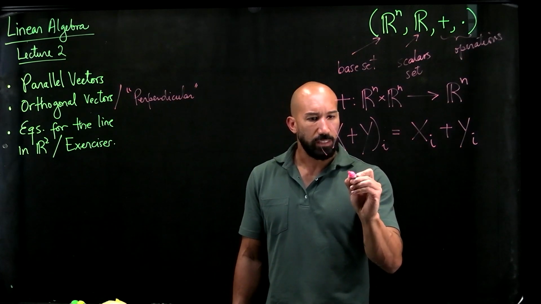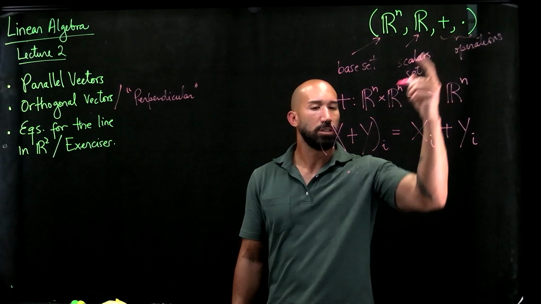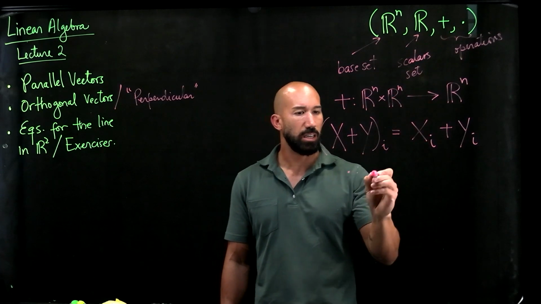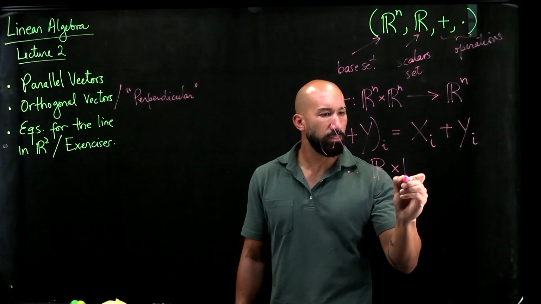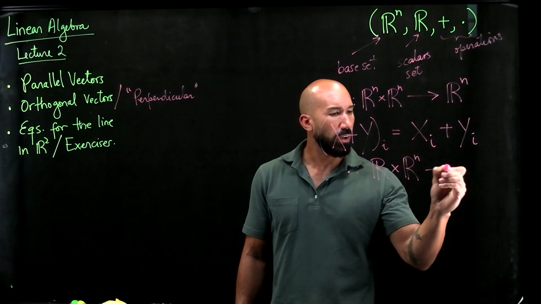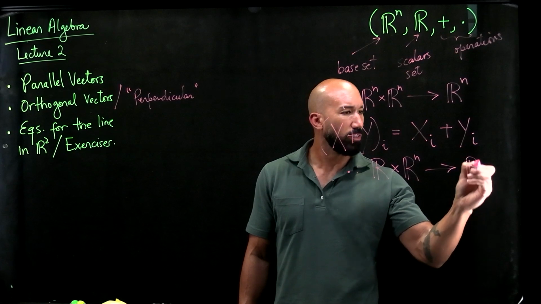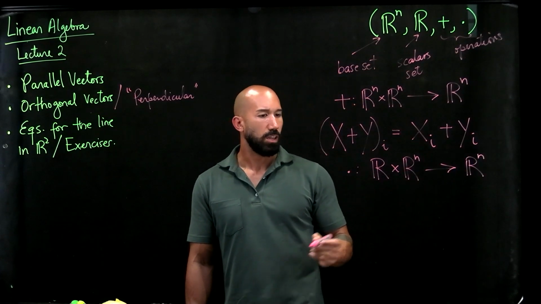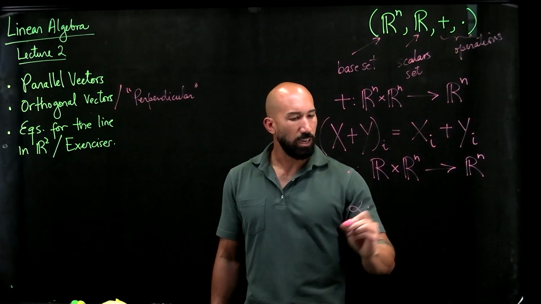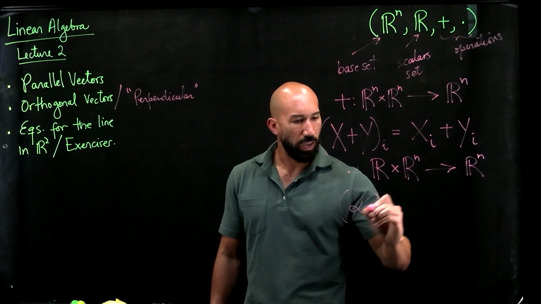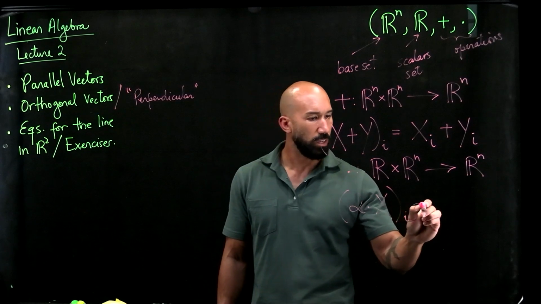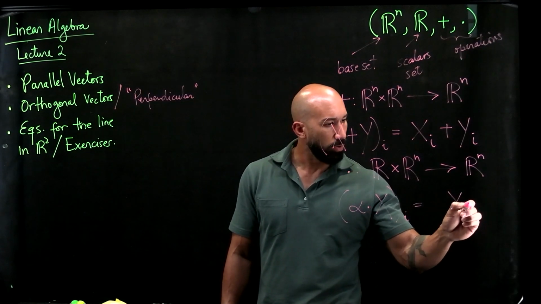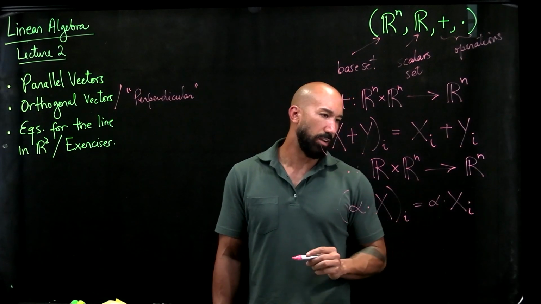And we have a second operation, the multiplication of a vector by a scalar, which takes a scalar and a vector in Rn and returns a new vector in Rn. Okay, so if I multiply the scalar alpha by the vector x, the ith component of this new vector is gonna be the ith component of x multiplied by alpha.